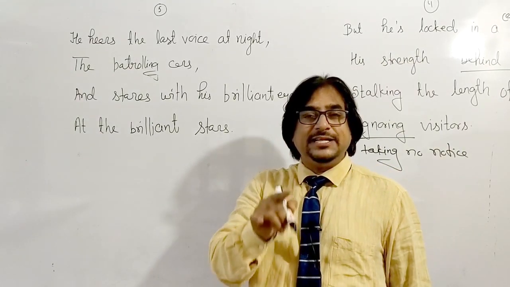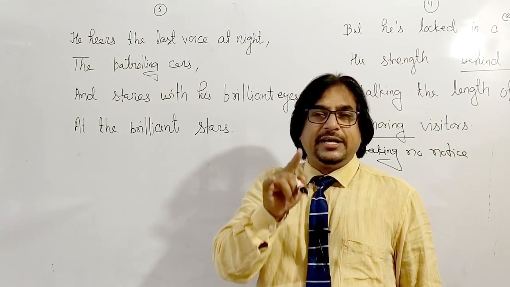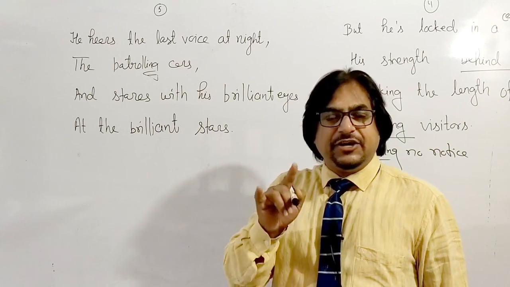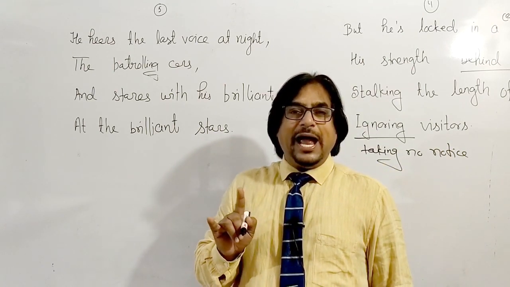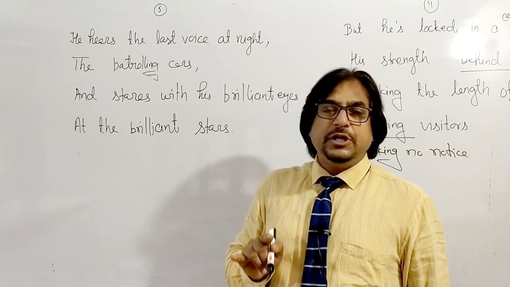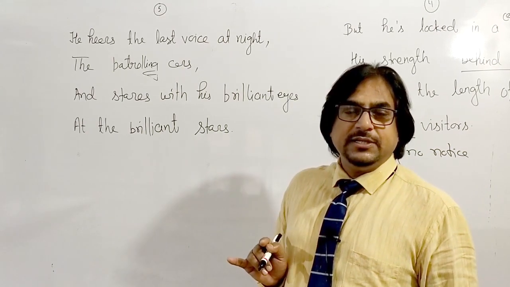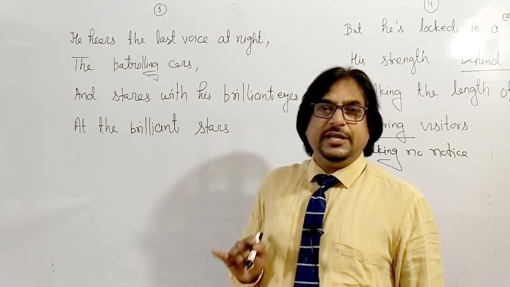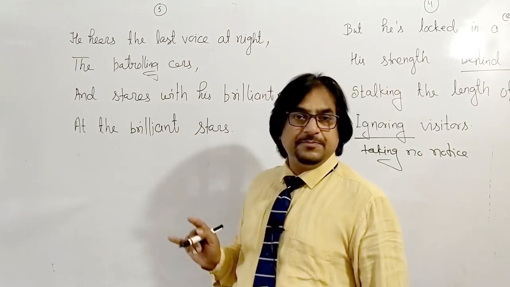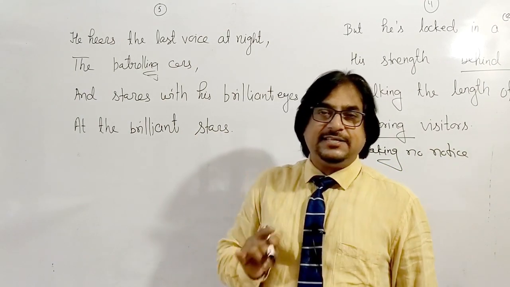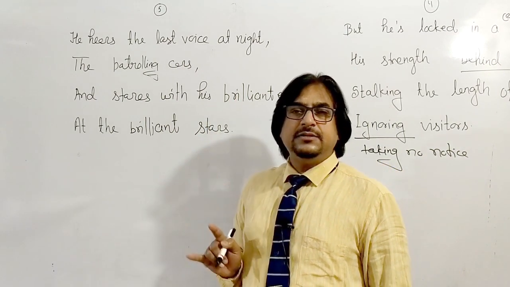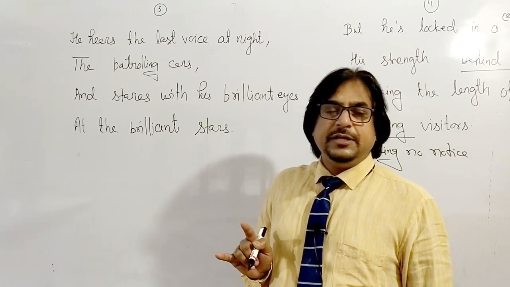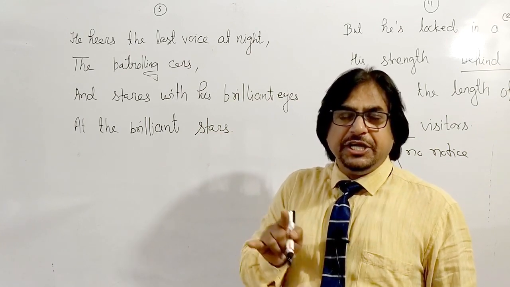Last voice, that means the last sound at night when he is confined in the cage in the zoo, and at that time the patrolling is going on, and he hears the sound of the patrolling, and after that he looks at the stars in the sky with his staring eyes.